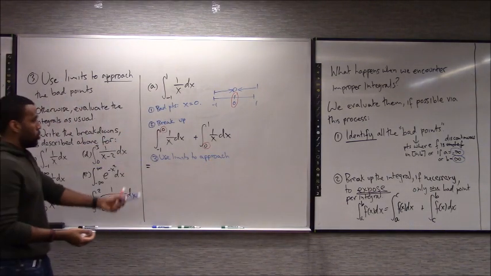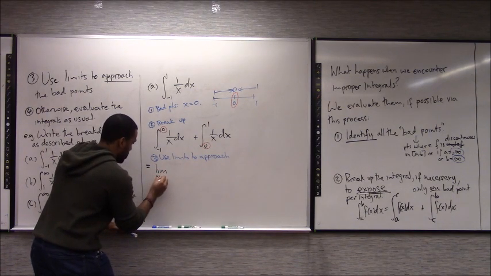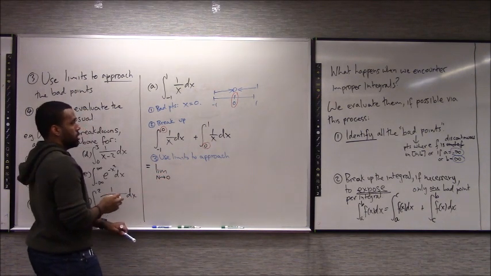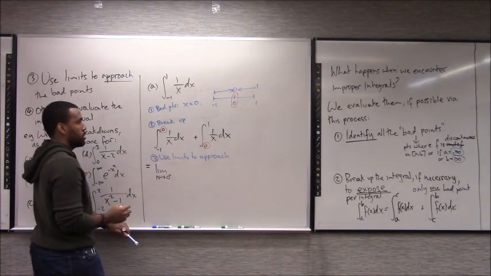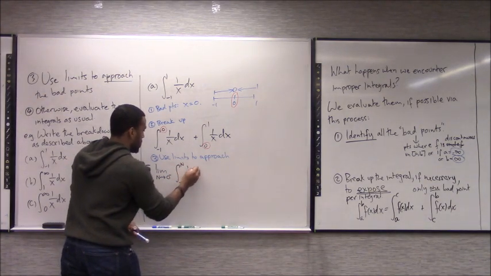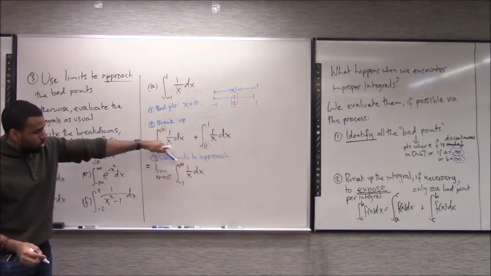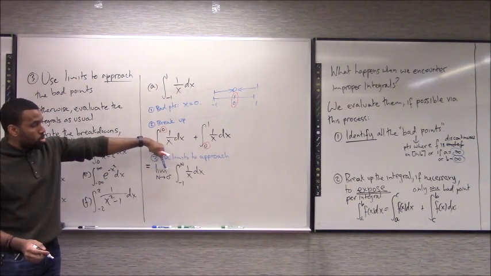Since you can't be at 0, take the limit as, say, n approaches 0 from the left of the integral from -1 up to n of 1 over x dx. You replace the bad point with some variable, and then take limits to allow that variable to approach the bad point.